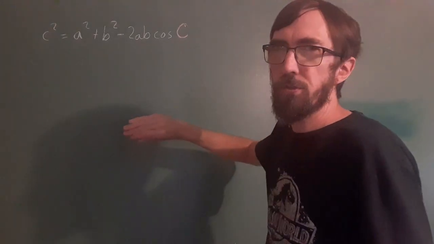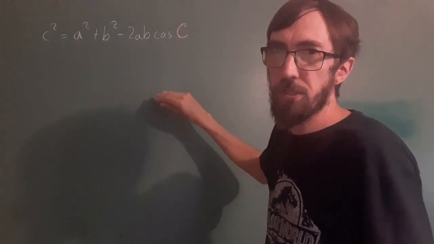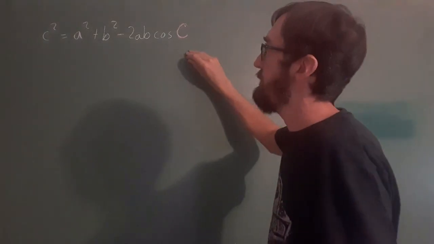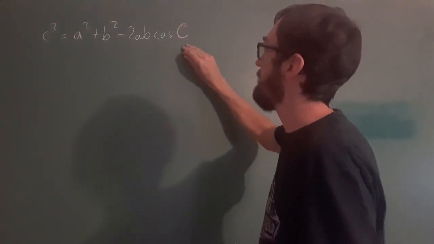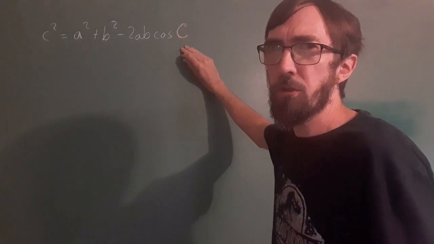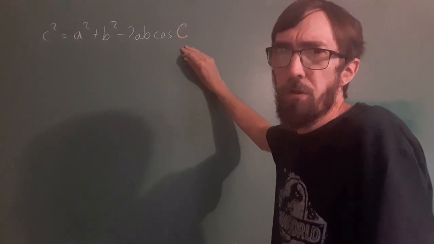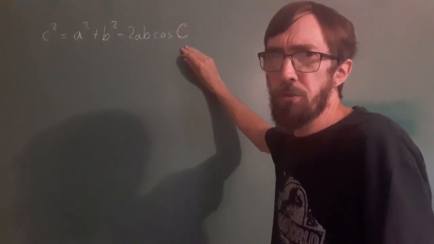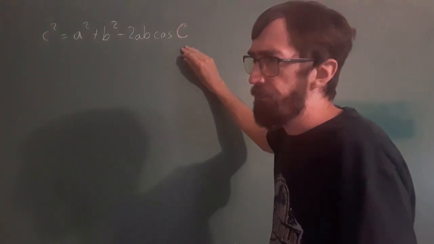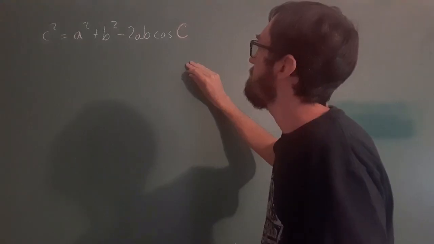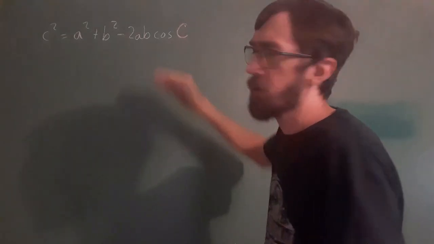In a shop, we're going to assume that we continue using degree measurements, so we are going to do this calculation with angle C being degrees, but it could have been radians or gradients, or you can make up your own measurement and use that as well, making sure that you adjust the function accordingly.